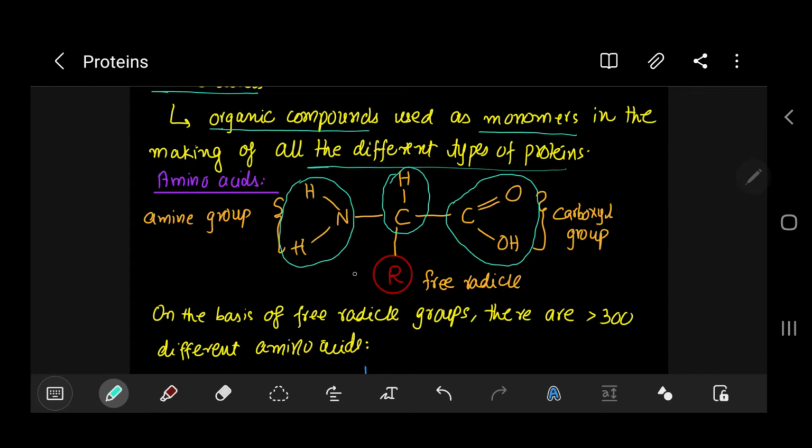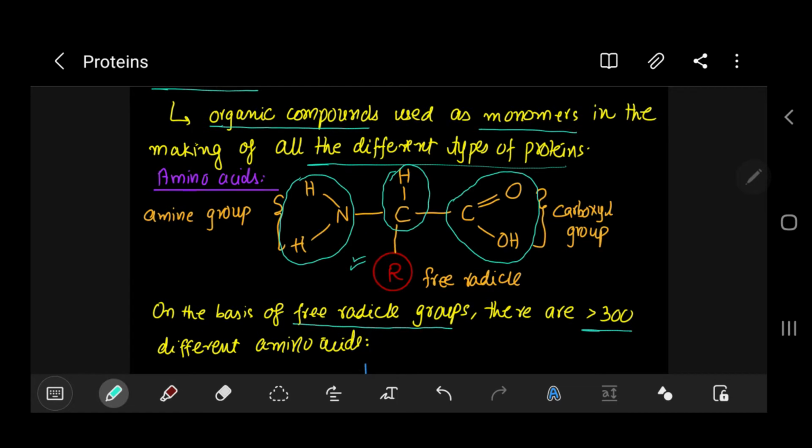And the fourth part is a free radical, and it can be changed. There are different types of free radicals that can attach here, and hence they make different types of amino acids.